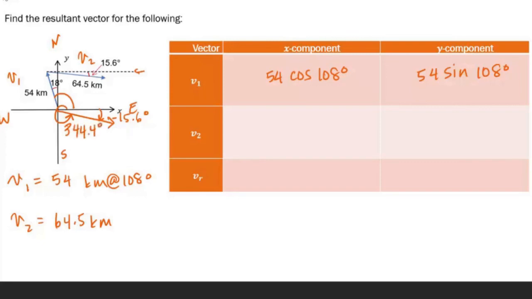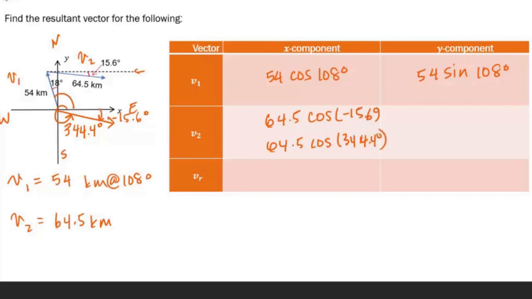You can use either in the calculation. So you can indicate that the x component is 64.5 times the cosine of negative 15.6 degrees, or 64.5 times the cosine of 344.4 degrees.